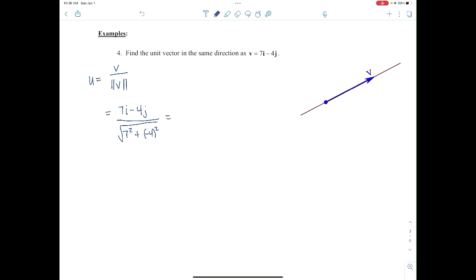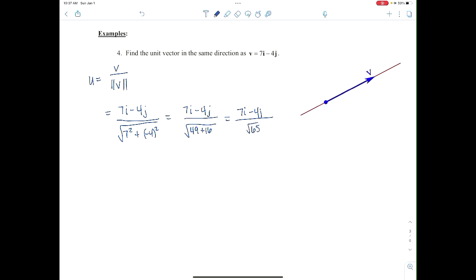I'm just going to solve the bottom part first. So I have 49 plus 16, and we're going to take the square root of it. And that gives us the square root of 65.